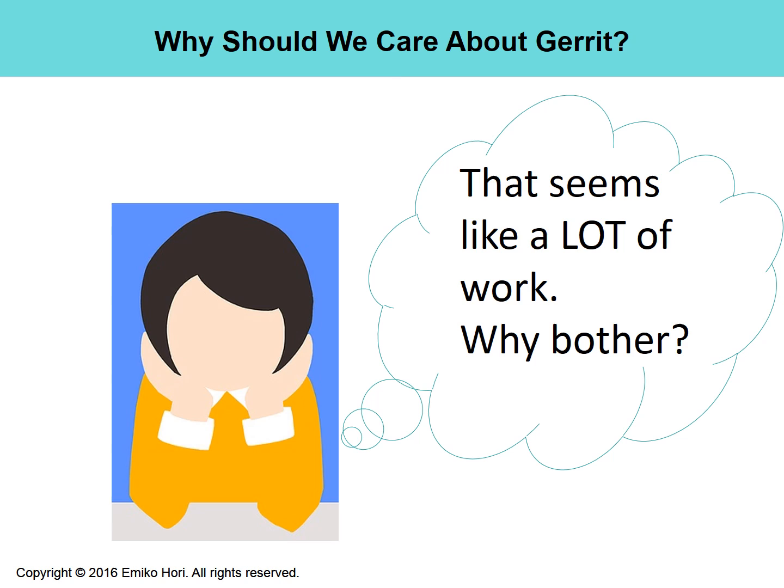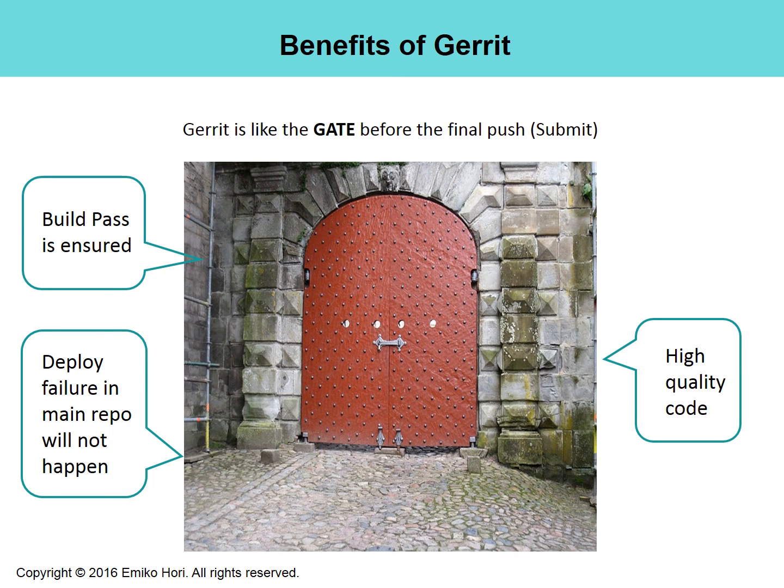Now you might be thinking, well, that sounds like a lot of work, a lot of steps. Why do we have to bother with this kind of process? And that is a good question. Then here comes the benefit of Gerrit. Gerrit is just like a gate before that final push, that final submit to the main repository.